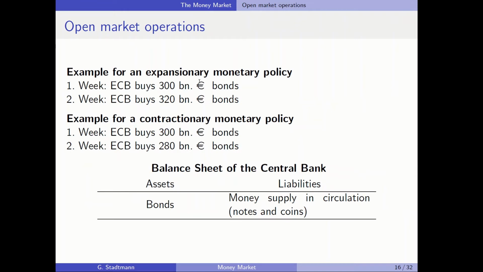Hence, I would like to give one example for an expansionary monetary policy. When the ECB performs open market operations with a volume of 300 billion euros in the first week, this deal is reversed 1 week later. And in the second week, the ECB could announce one open market operation with 320 billion euro bonds.